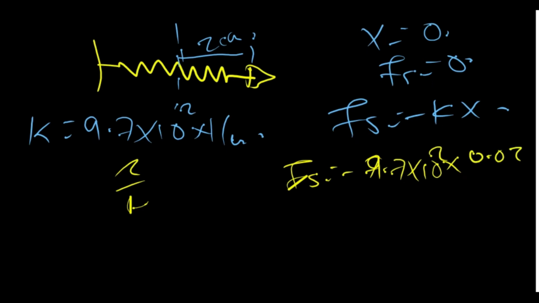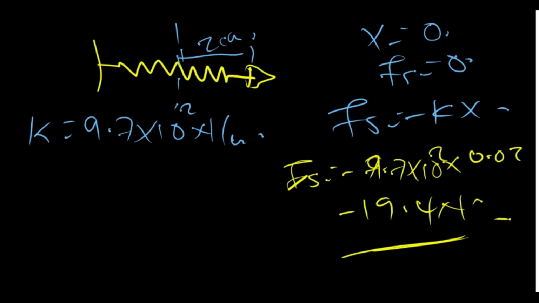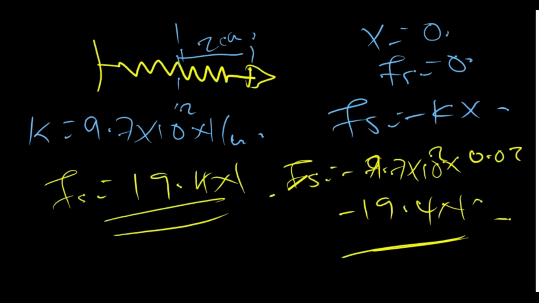Now 9.7 times 10 raised to the power 2 times 0.02, I'm getting negative 19.4 newtons. What I want us to understand is that we are getting the magnitude of the resultant force, so the resultant force in this case is 19.4 newtons. We ignore the negative when reporting the answer.